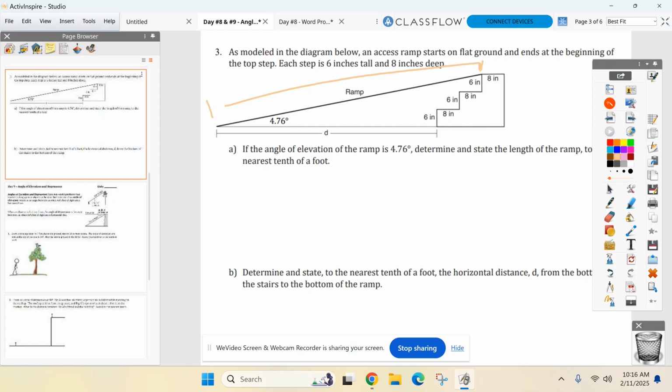Talk it over with your group real quick, and then we'll come back as a full group and talk about my plan to find the ramp. I know I'm going to need a right triangle, and somehow involve that 6 and 8 inches.